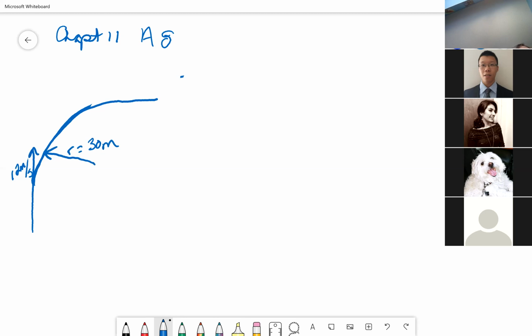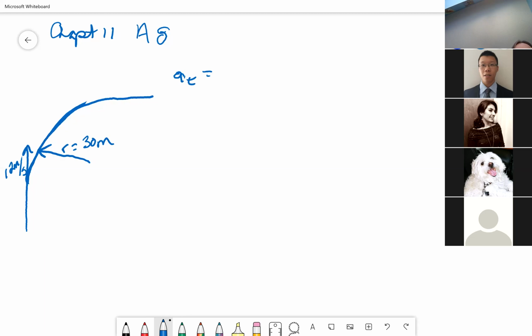They put the brake and the speed is decreased at a constant rate of 0.5 meters per second squared. Well, they basically are telling you what your tangential acceleration is. The tangential acceleration, which is the change in the speed, is negative 0.5 meters per second squared.